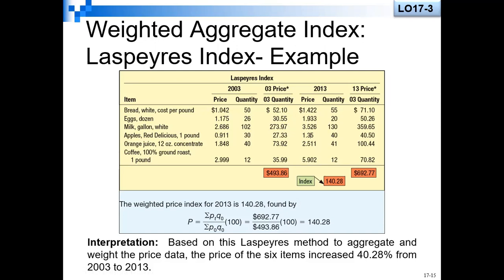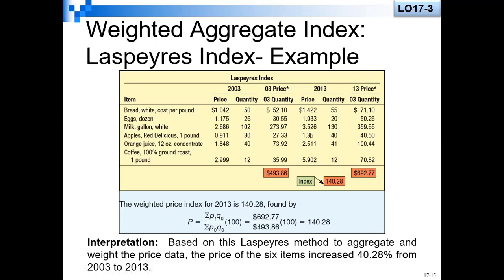What do you get? 52.1. Okay. So you can see you create two columns. The column that multiplies last year's price by last year's quantity, and the column that multiplies this year's price by last year's quantity. All right, and you get that.